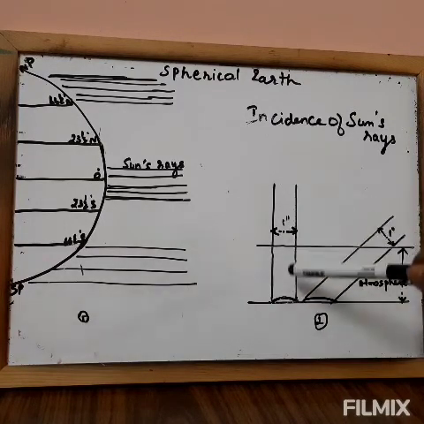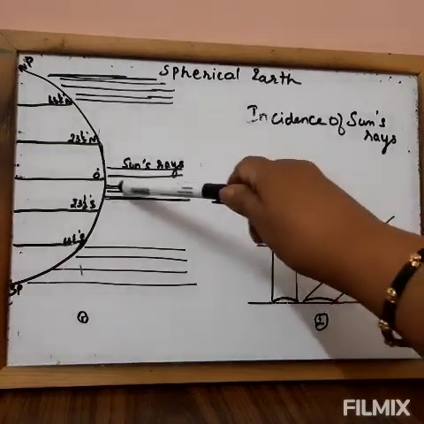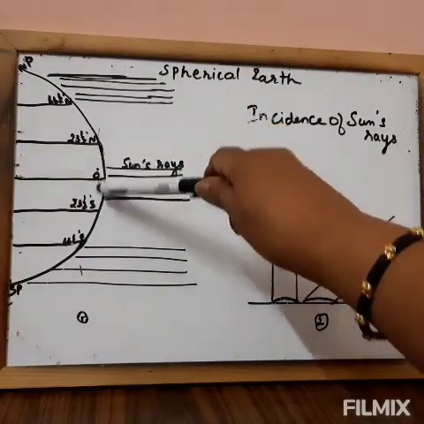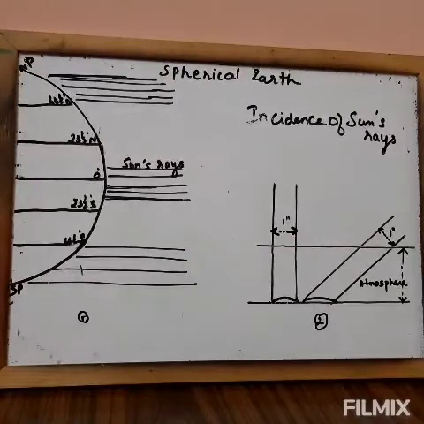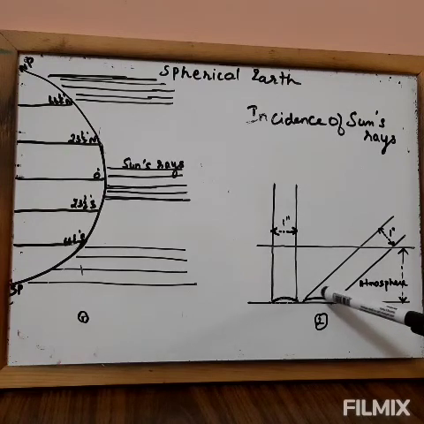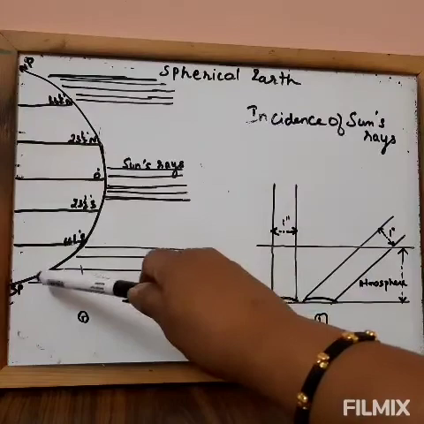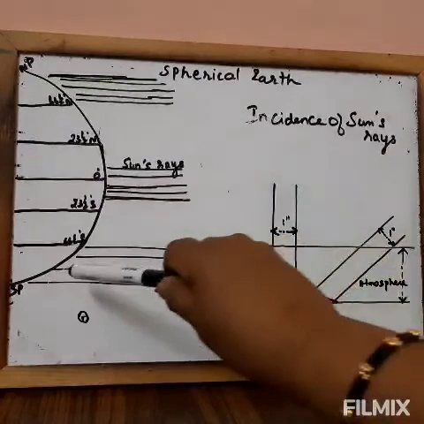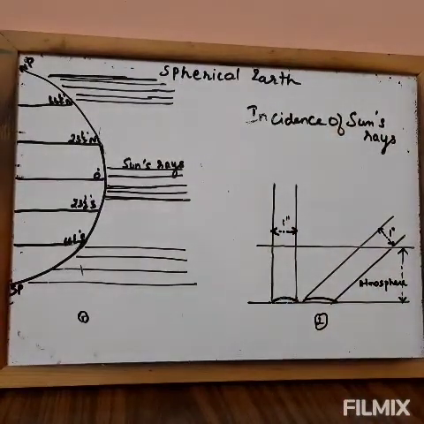The vertical rays travel a shorter distance and fall on a smaller area, so the heating effect is more. The inclined or slanting rays travel a longer distance and fall on a larger area. So here you can find the larger area covered by inclined rays of the sun, which travel a longer distance. So the heating effect is less.